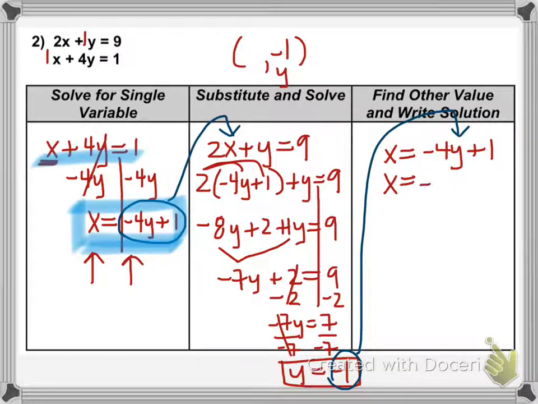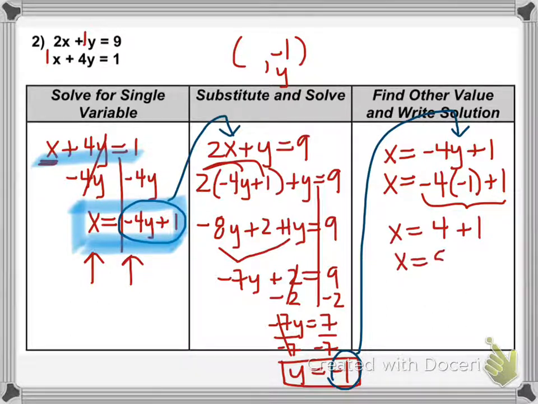So x equals -4 times our y, which is -1, plus 1. So I just need to simplify this right side. So x equals -4 times -1 is +4, and 4 plus 1 is 5. So the x value of my point of intersection is 5, and this is my solution.